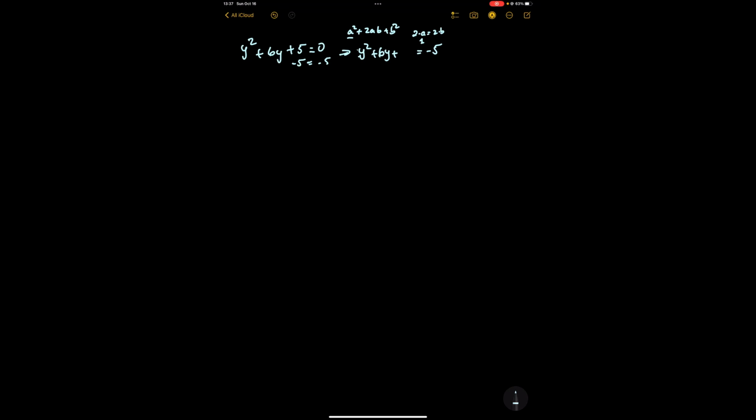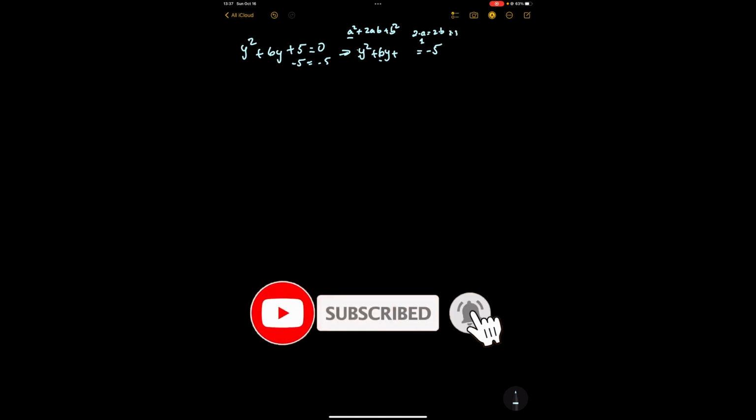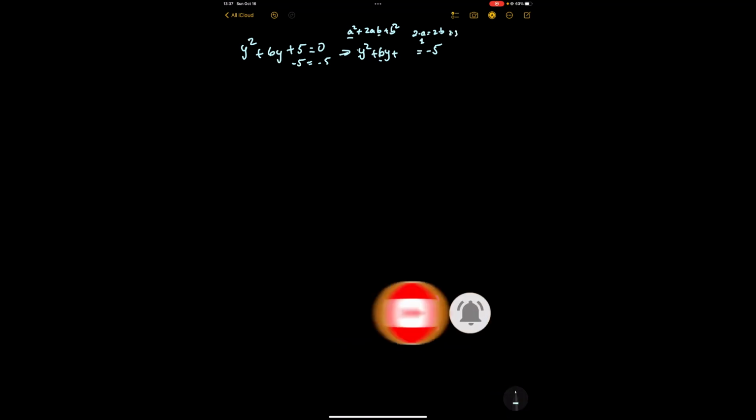What would the letter b equal, so that 2 times b would equal 6? Well, it's equal to 3. So that would be 2 times 3. Therefore, you know that b is equal to 3 and a is equal to 1. So the number you're going to add will be b squared, which is 3 squared, so that will be 9. And that's going to be 9 on both sides.